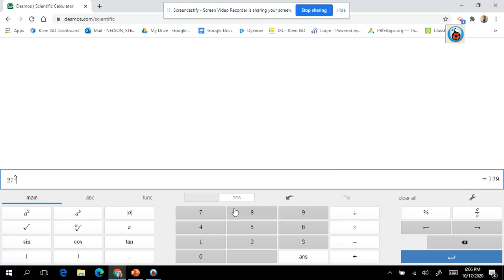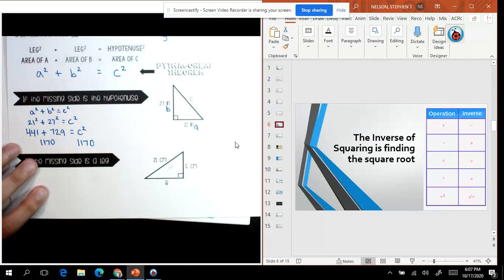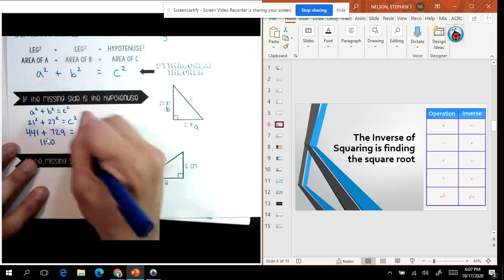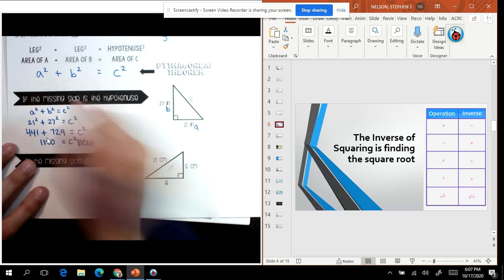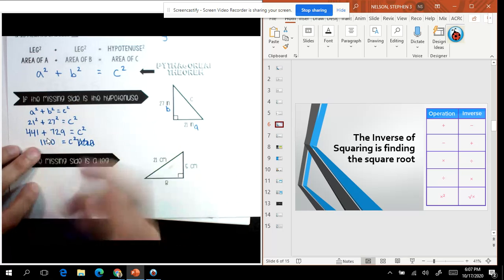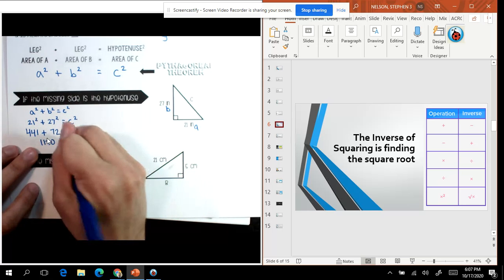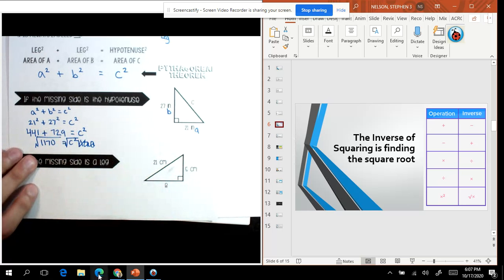So 441 plus 729 equals 1170. Oops, I wrote that in the wrong spot. So 1170 is equal to C squared. All right, so this is the area. Now to find the actual side length, we take the root of both sides.